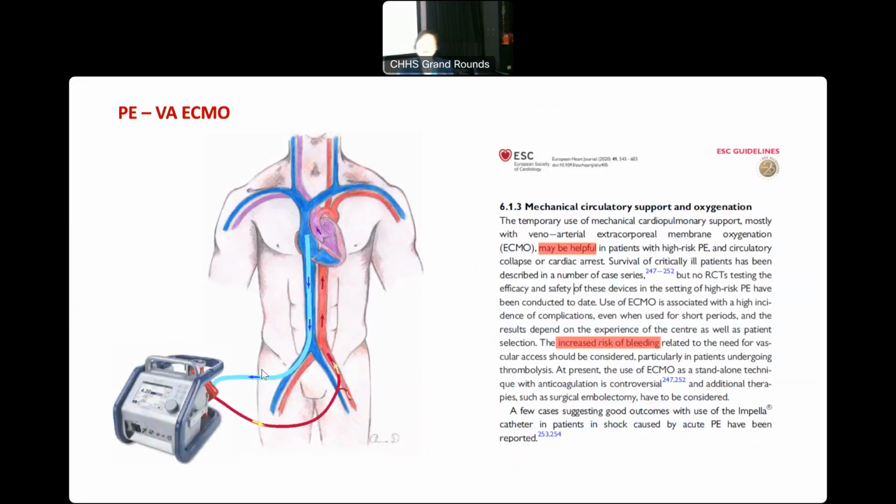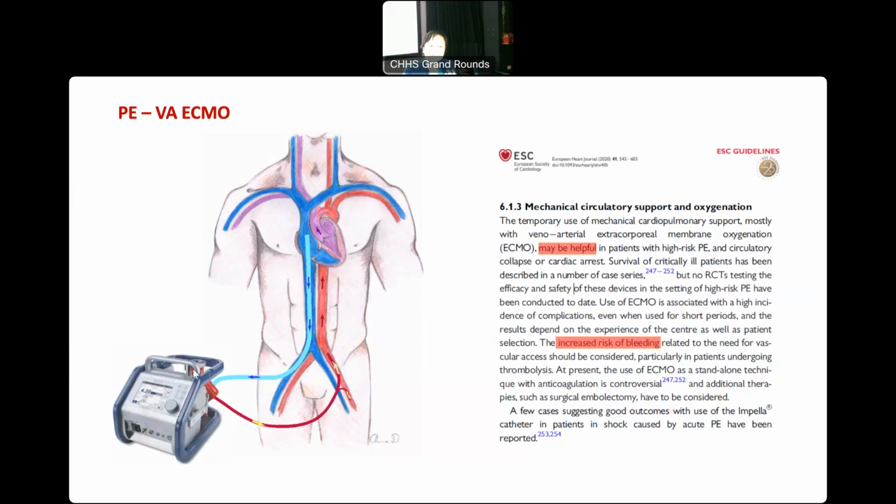Okay, what about VA ECMO? What about this advanced therapy? VA ECMO is for completely severe cardiogenic shock. For PE, it's severe obstructive shock with impact on the left side, completely no cardiac output. So we put in a cannula, one in the big vein, then a return cannula going into the arterial system.